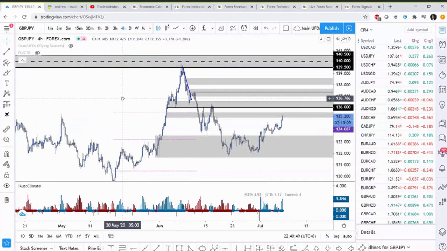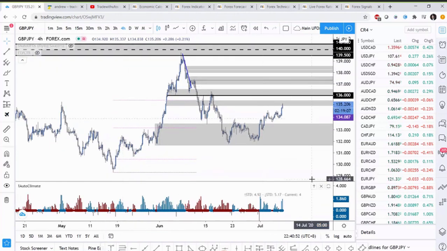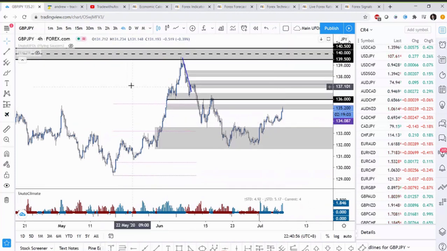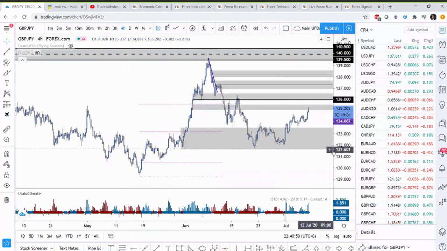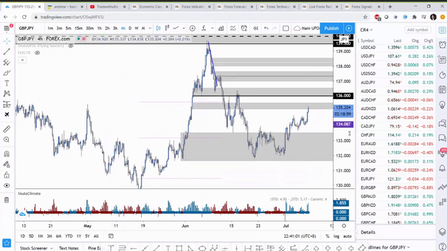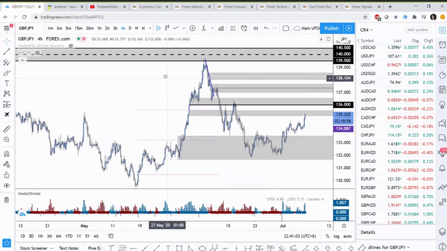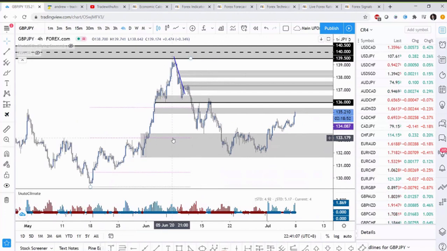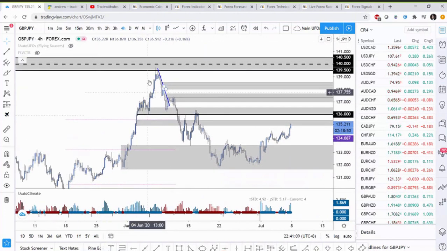I just want to go over what I looked at about a month ago, and review some of the things that have happened since then. I've left the lines on here, so we can see what went on in terms of price action.